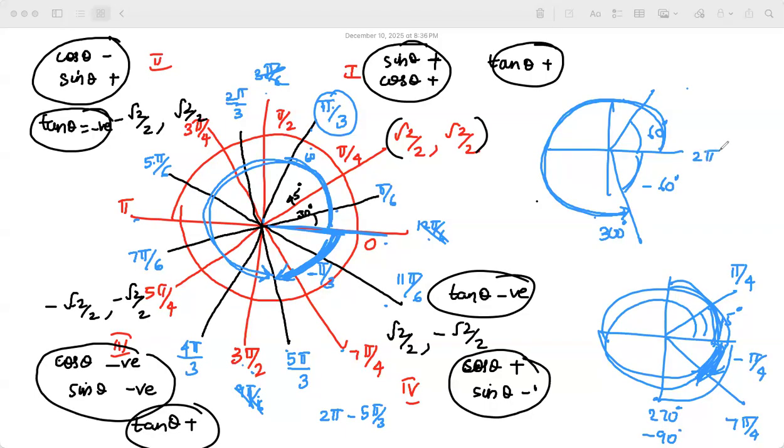So basically this is 2 pi. 300 degrees I can say as 5 pi by 3. What will let you complete the 2 pi? That is the negative angle. 5 pi by 3 is 10 pi by 6. To complete it we need 12 pi by 6. So what should be added?